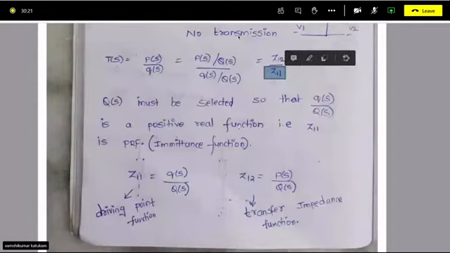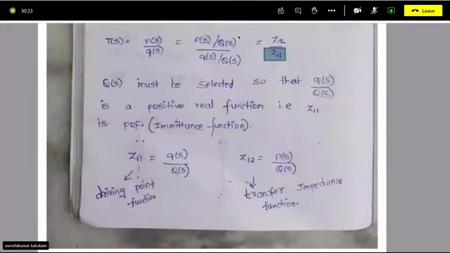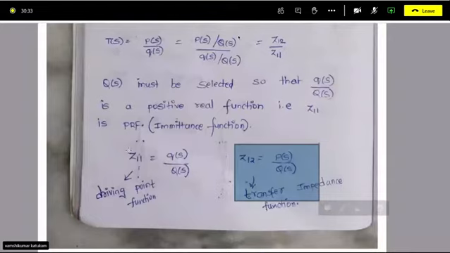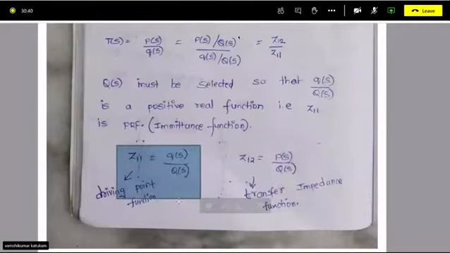So in that case, your Z11 becomes Q of S upon capital Q of S, and Z12 is your transfer impedance function. Z11, Q of S upon capital Q of S, is a driving point function, specifically a driving point impedance function, whereas Z12, P of S upon Q of S, is your transfer impedance function.